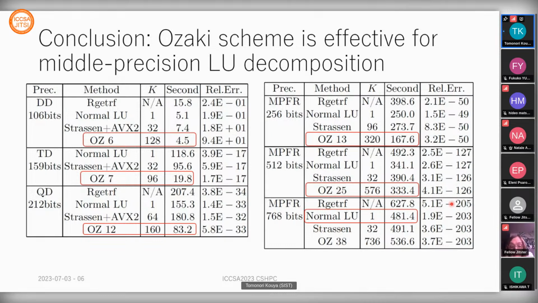But in MPFR arbitrary precision arithmetic, especially in MPFR 768-bit, the Ozaki scheme is not effective, because in this precision the Ozaki scheme needs 38 divisions of matrices A and B. So the number of core DGEMM functions increases. So the Ozaki scheme is not effective in this precision arithmetic.